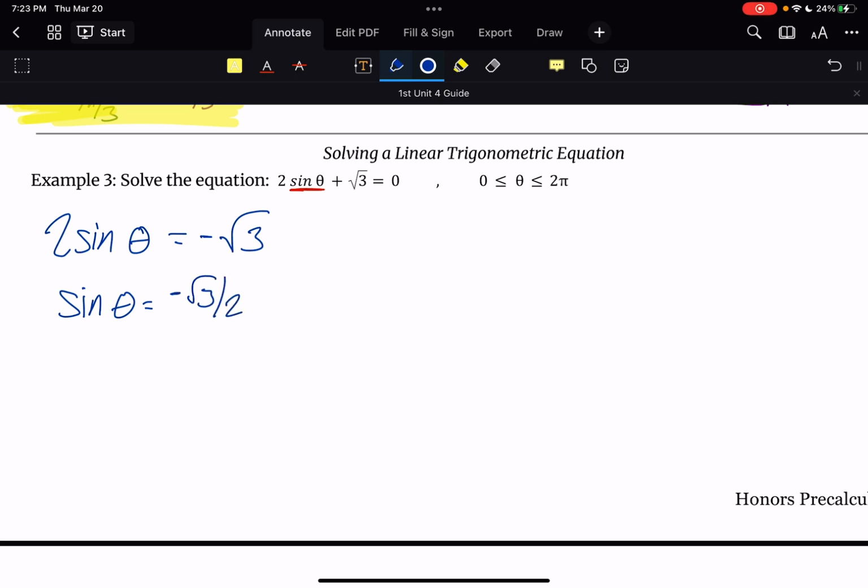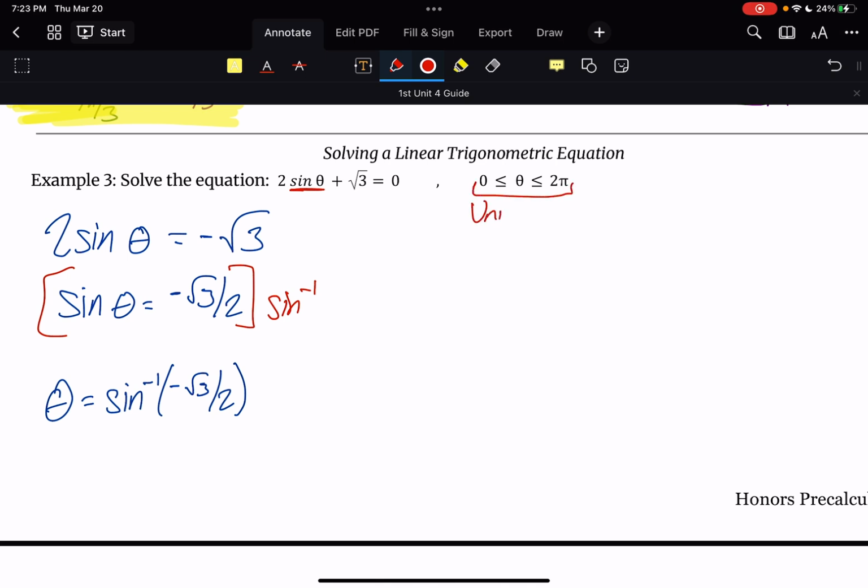And then to get theta alone, we know we need to do the inverse of both sides. So this is going to get me theta is my inverse sine of negative radical 3 over 2. And instead now of thinking of all of the solutions like we just talked about, we are now going to be looking on the unit circle, since I have this restriction that my theta is only going to be between 0 and 2 pi.